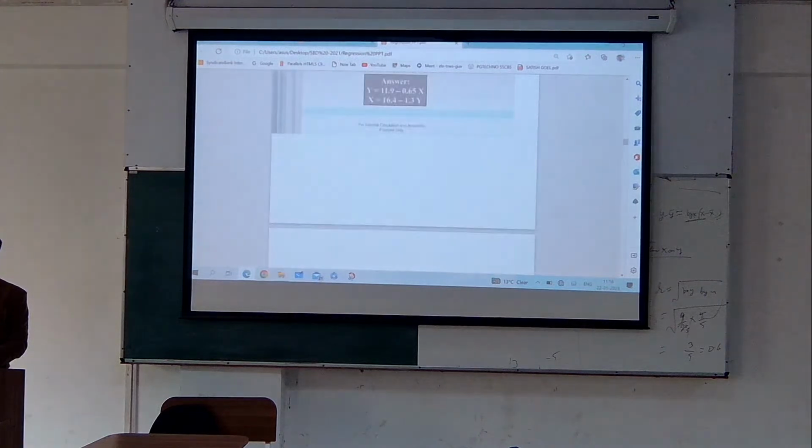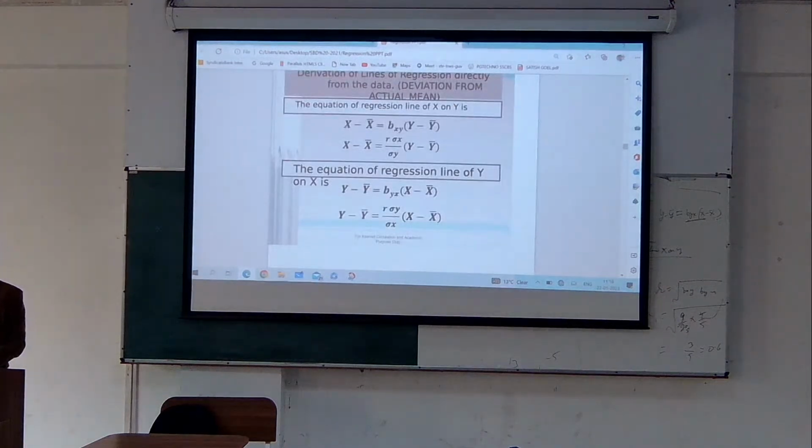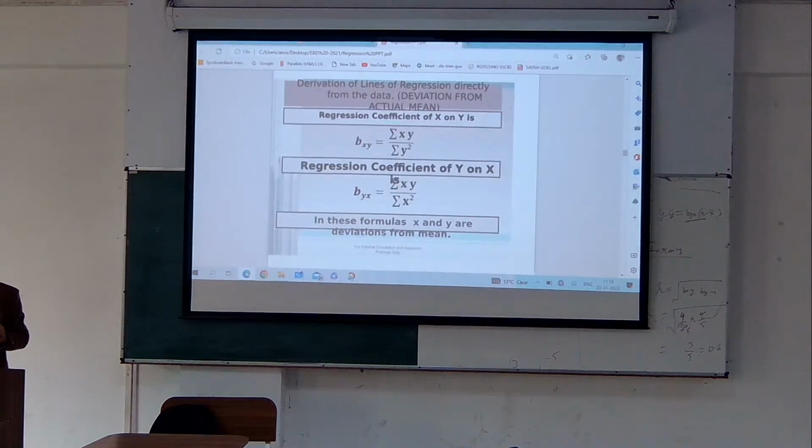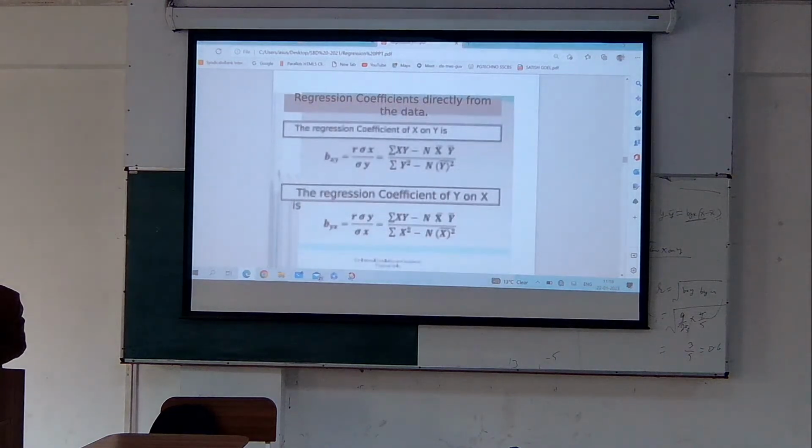So these are the regression equations which I am talking about. Two equations: above is x on y, below is y on x, you can see. And these are the formulas of the regression coefficients, bxy and byx.